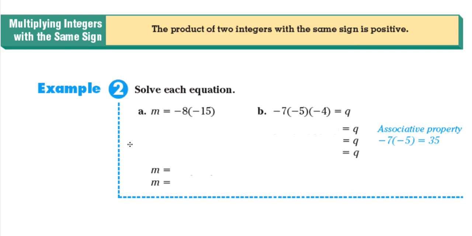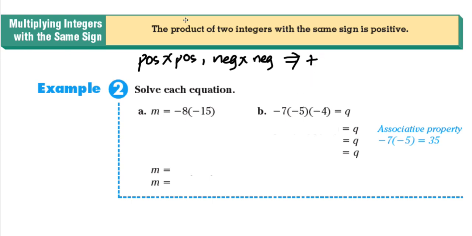So again, if we follow the pattern that we did in example 1, two integers multiplied which have the same signs will have a positive result. The product of two integers with the same sign is positive. So in this rule, a positive times a positive, or a negative times a negative, will always have a product that is positive.